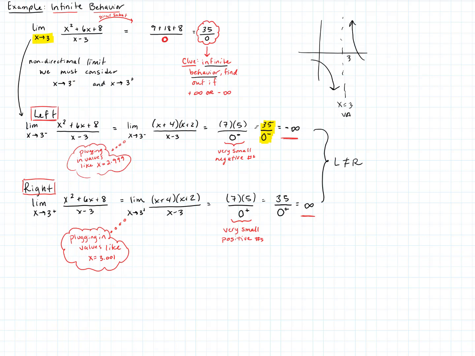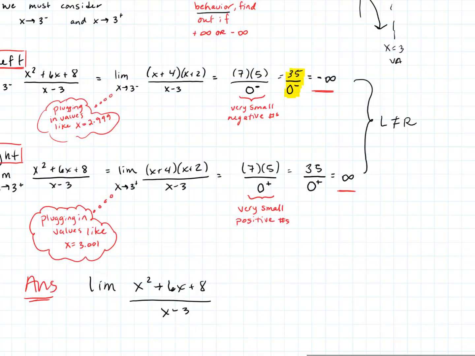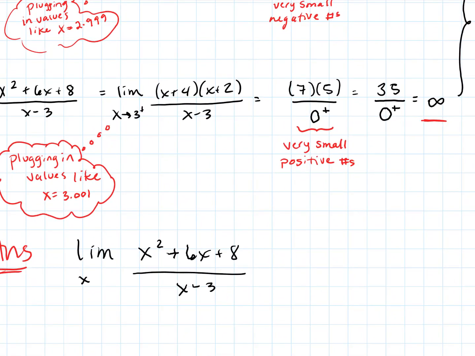But when we're looking at the non-directional limit, we have to actually answer in this way. We have to say that the limit of this function, x squared plus 6x plus 8 over x minus 3, as x is just approaching 3, non-directional, we have to actually say DNE. Remember, DNE, does not exist.